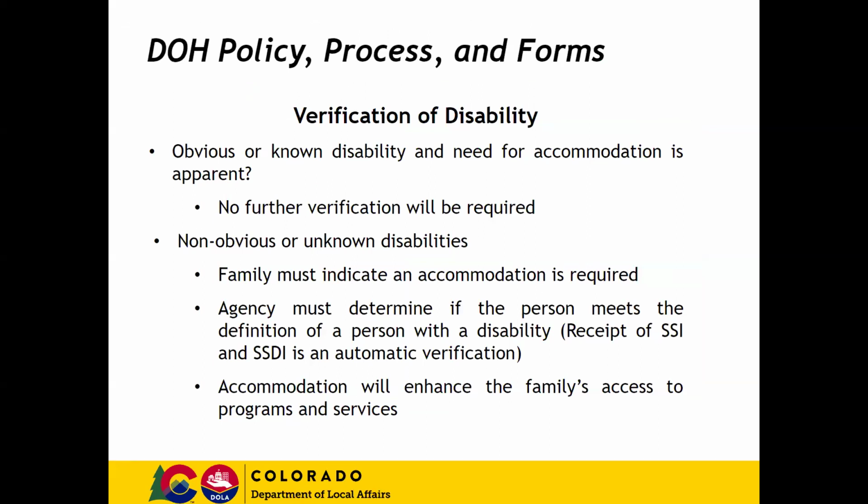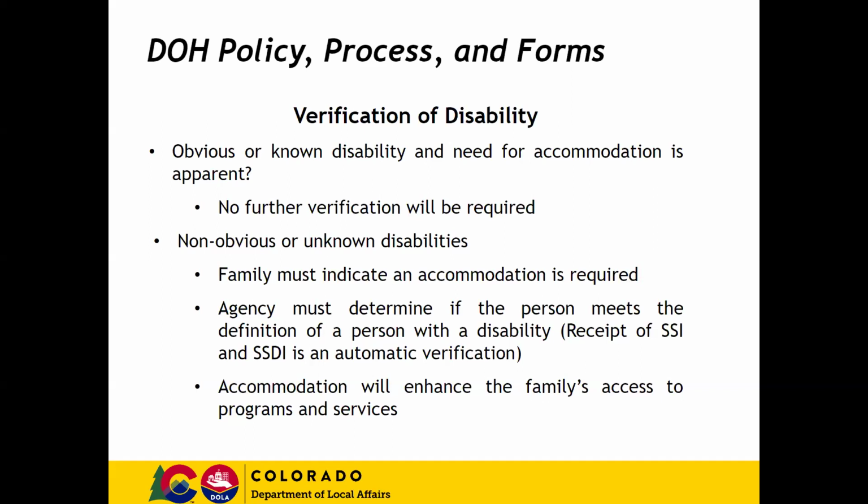So now let's talk about the specific policy, process, and forms as it relates to the Division of Housing Programs. And it starts out with that verification of disability. So as you know, or hopefully as you've heard in the previous slides, a reasonable accommodation is offered to a person with a disability to help them access our programs and resources more equitably.